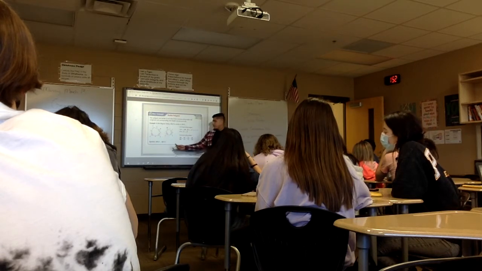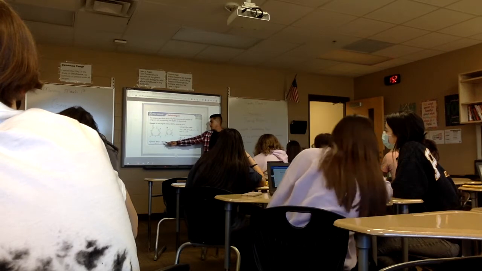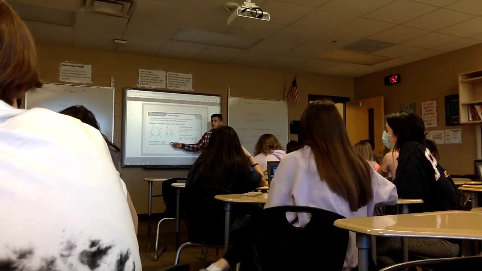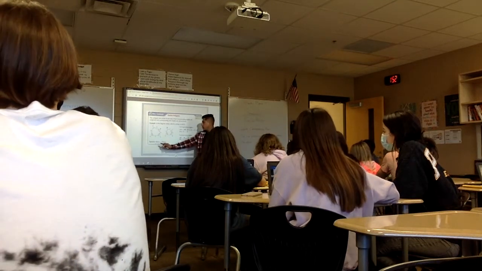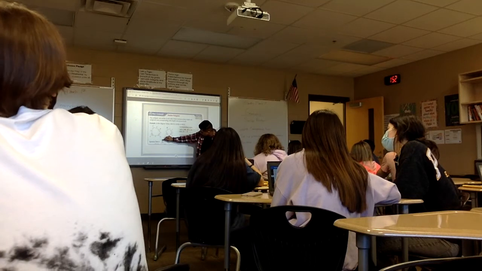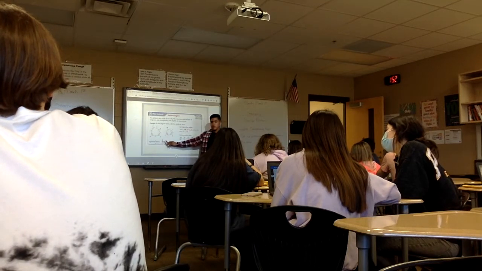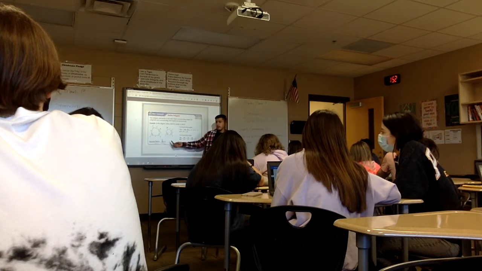You're going to get something like this. ABCD is similar to WXYZ, and what this means is A corresponds to W, B corresponds to X, C corresponds to Y, and D corresponds to Z.